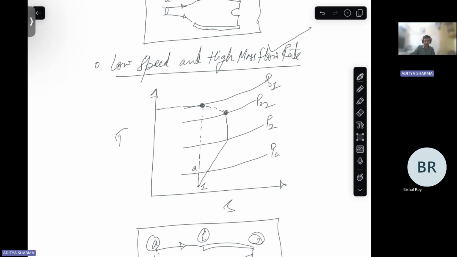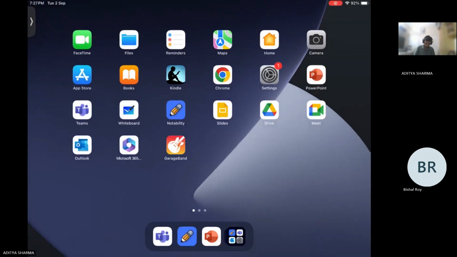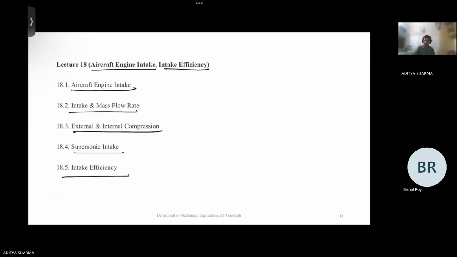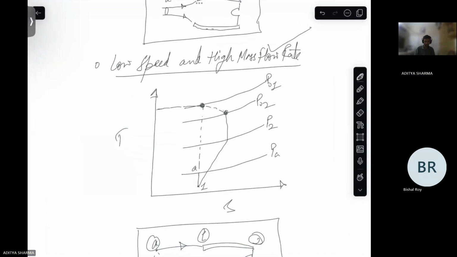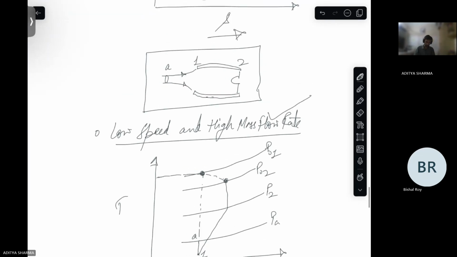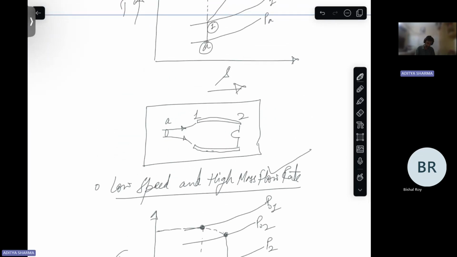Then a few other things have been discussed under this topic. One is external and internal compression. External compression is what is happening here.